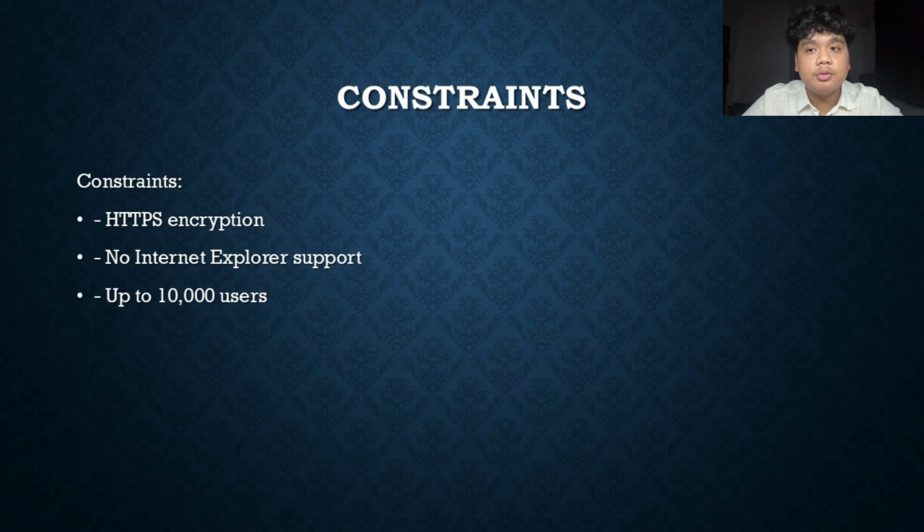This is to ensure optimal performance. Last but not least is the scalability. It is designed to handle up to 10,000 concurrent users, making it suitable for large-scale operations. This constraint helps maintain a secure, efficient, and scalable platform.